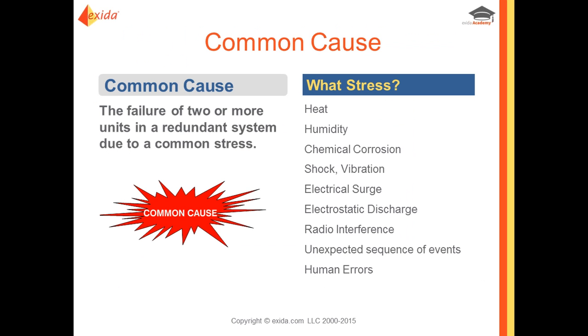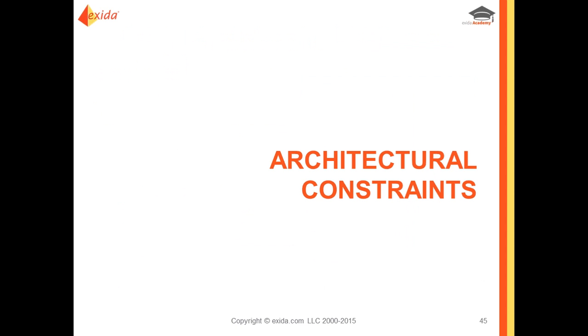Now, as you can see, this is for a low demand mode operation, and the PFD average for low demand. If it is a high demand mode, the PFD average actually goes to the probability of dangerous failures per hour. So if this is high or continuous mode of operation, you would use this chart instead.